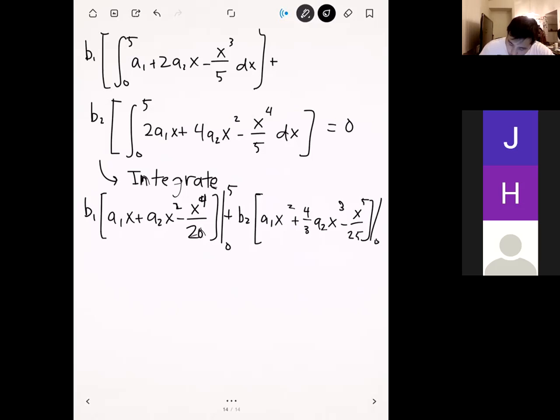The first is evaluated from 0 to 5, and this one is also evaluated from 0 to 5. And all this is equal to 0.